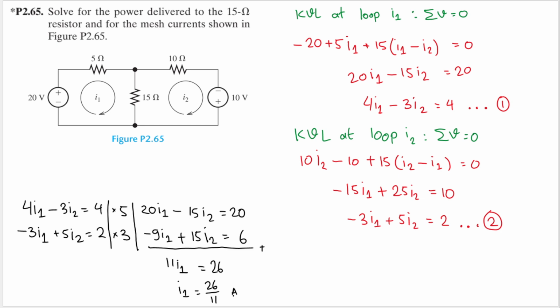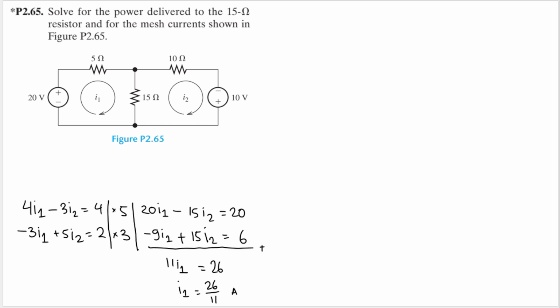However, we still need to find I2. Maybe let's clean this part here. Okay, let's repeat the elimination, but this time we will remove I1. Let's copy this here. Okay, good. So now let's multiply the first by 3 and the second by 4.